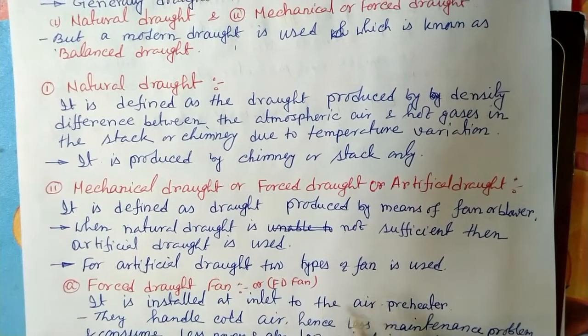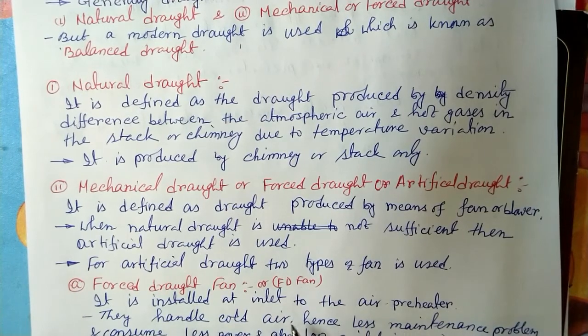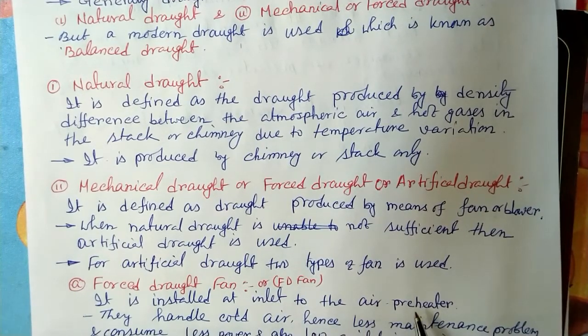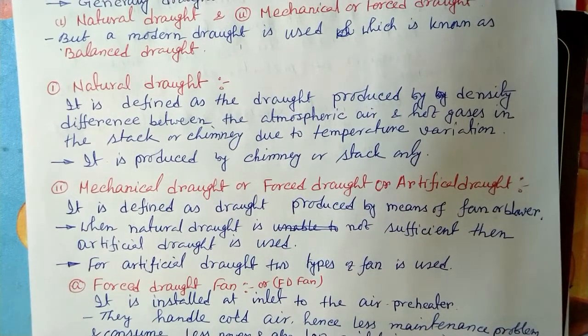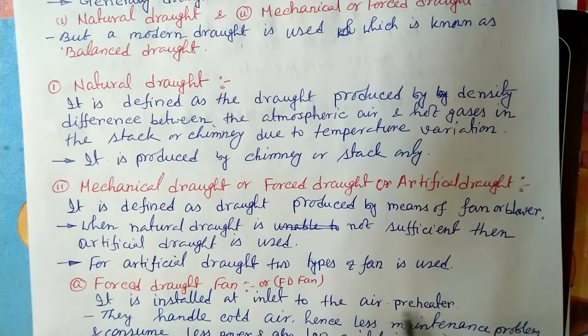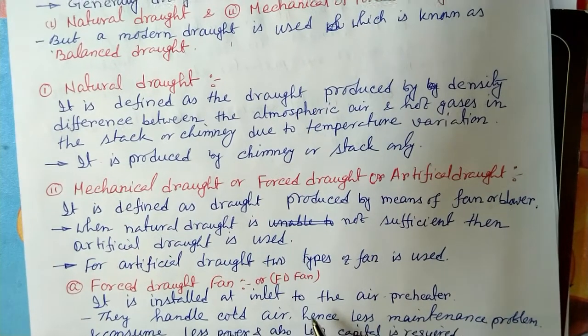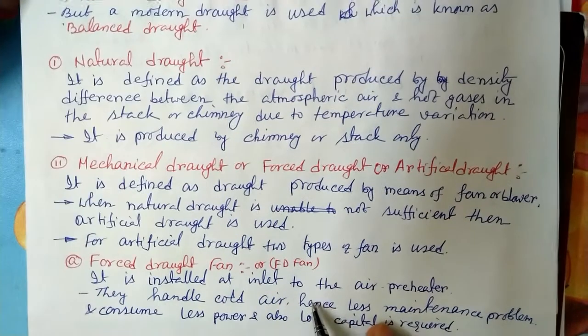Generally the forced draught fan is used at the inlet to the air preheater. As we have seen in the boiler accessories flow diagram how the flue gases flow, there we first saw our air preheater. The forced draught fan is installed at the air preheater, where the air entering is in cold condition.